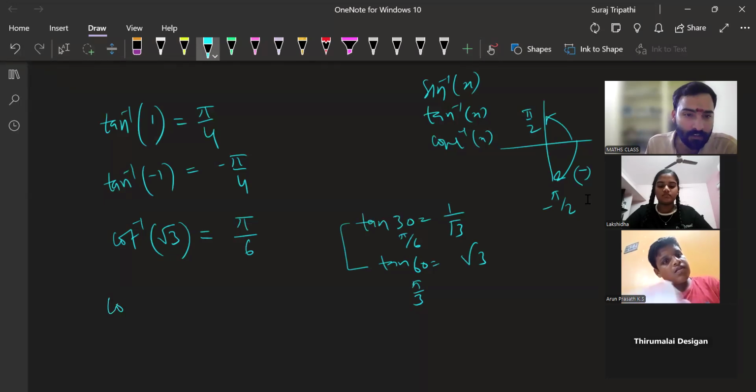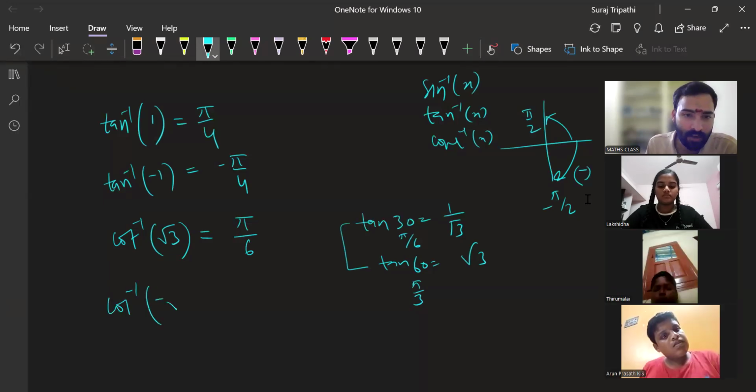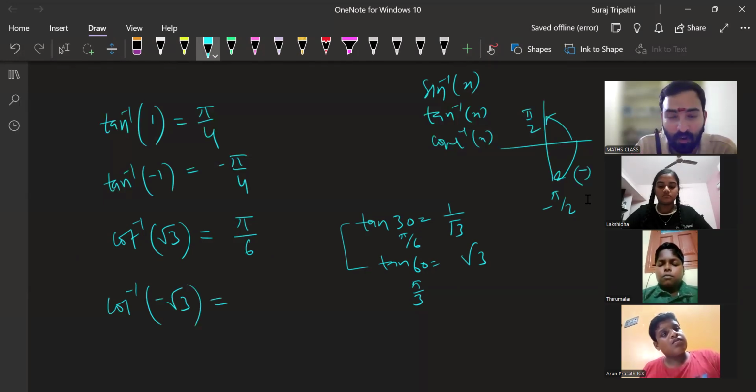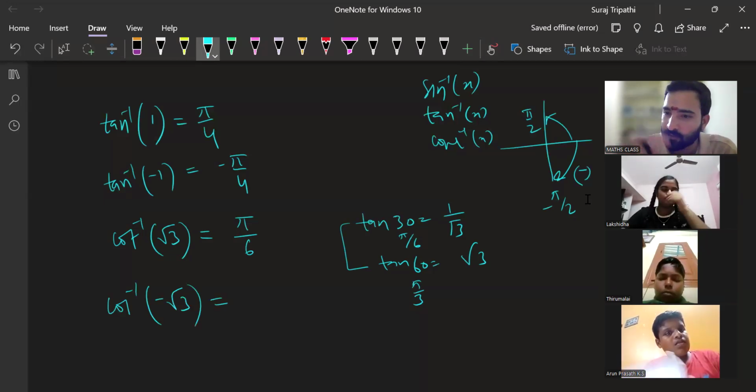Now, if I ask tan inverse minus root 3, definitely the angle will belong to between 90 to 180 degree, that is pi by 2 to pi.